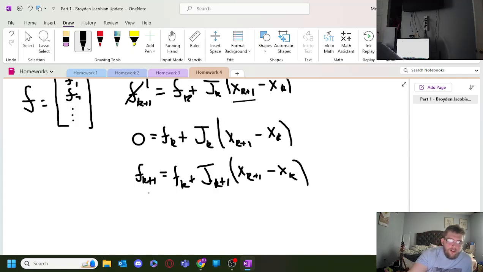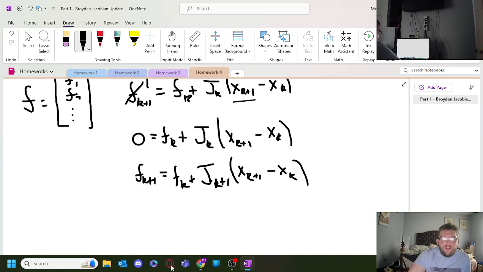Now, keep in mind, all of these are matrices. Or, well, f here is a column vector, the f1, f2, and so is x sub k, but the Jacobian is a matrix. The only scalar so far is just this 0.